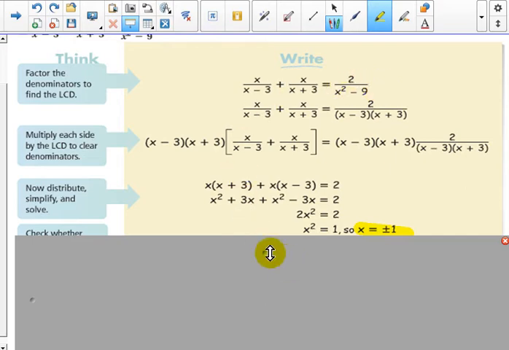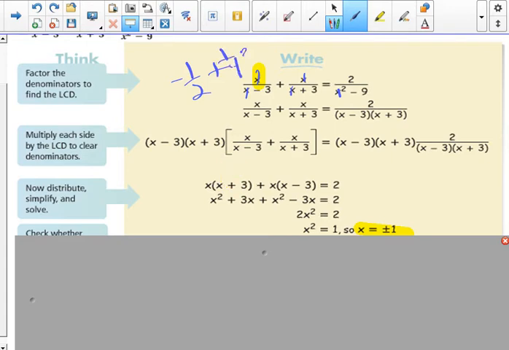So let's look here. We've got positive, negative 1. So let's plug in positive 1 up here. So you've got 1 over 1 minus 3, so that's a negative 1/2, plus 1 over 4, 1/4.